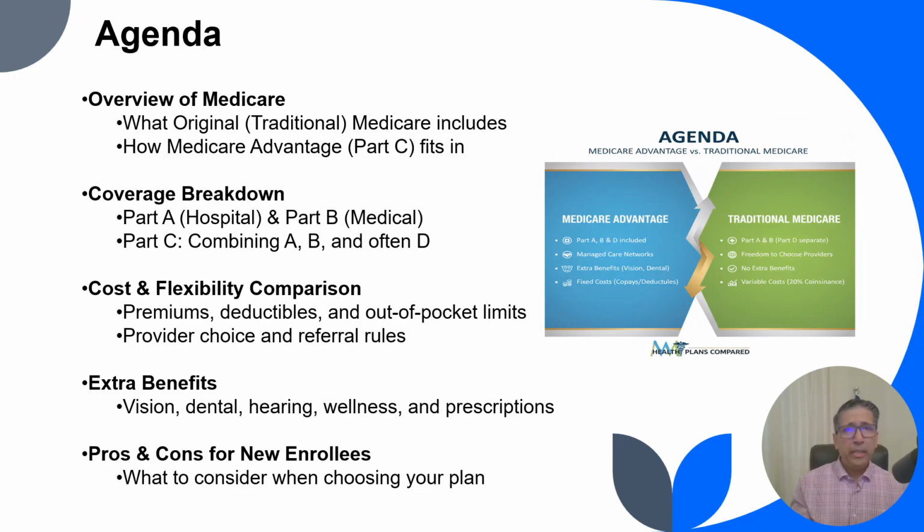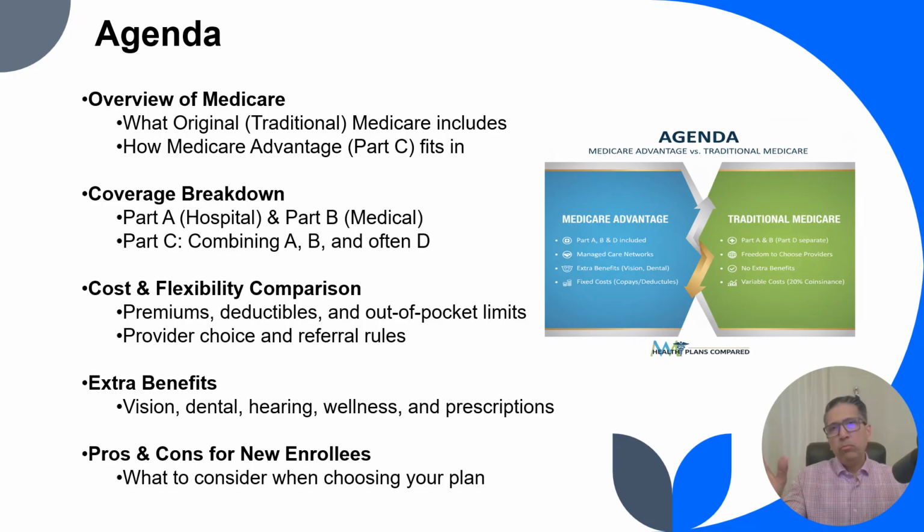Cost and flexibility comparison between Medicare Advantage and traditional Medicare is also very important. Original Medicare has separate premiums for Part B and Part A if not free, and no out of pocket maximum, meaning costs can add up. Medicare Advantage plans often have lower monthly premiums and an annual out of pocket cap which limits what you pay in a year, right?